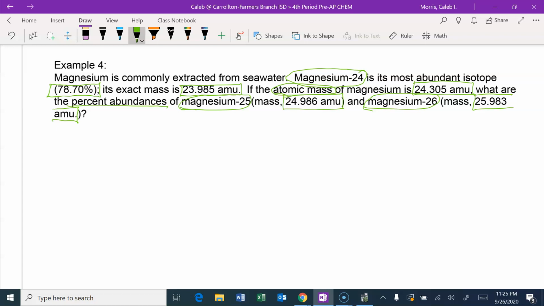So I'm going to start out by writing the symbol just to save a little bit of space. I'm going to write Mg24. I have magnesium 24. It's not the most common way of writing it, but you'll see this sometimes where they just put Mg and they dash and then 24, or we could even write it with the symbol with the mass number top right, or top left, I mean. So magnesium 24, and it gave us the abundance.